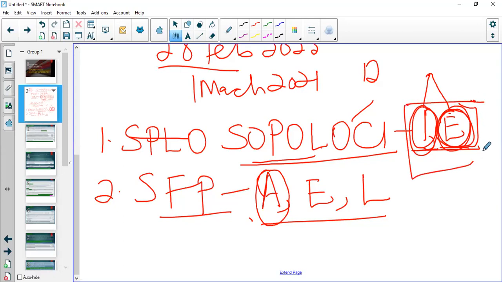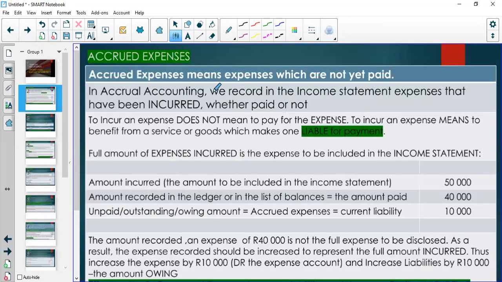Right, so now to get into the actual concepts which makes it easier for us to follow, let us start with what we refer to as accrued expenses. So remember, we are dealing with the income statement where you include expenses. So what is accrued expenses?